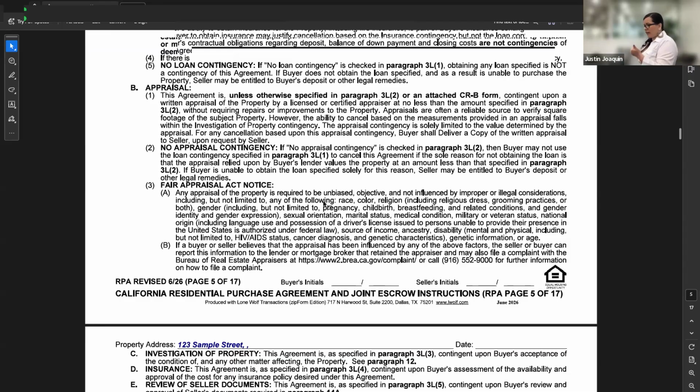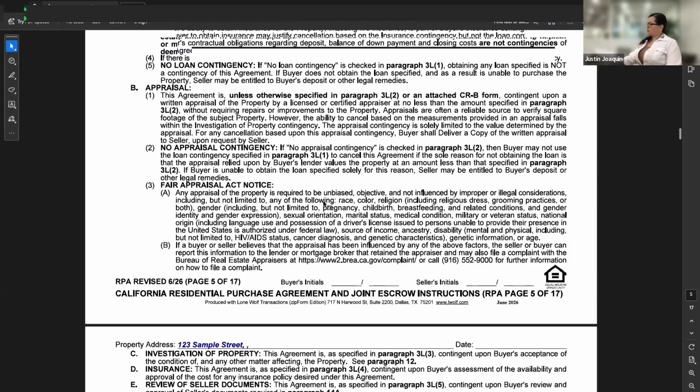FHA will call that out, right? Who's going to fix the broken window in the living room? Before we remove the appraisal contingency, we want to make sure, because it protects the buyer in those situations.